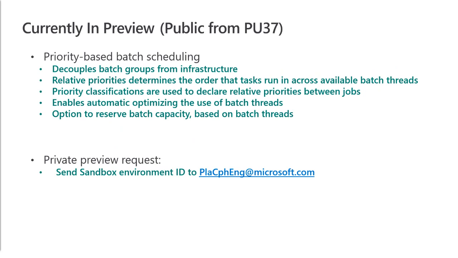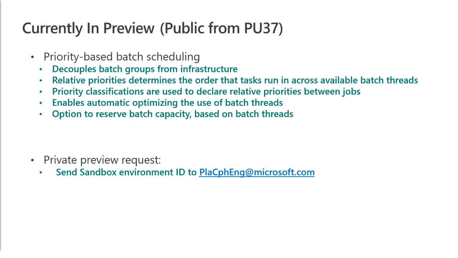So what is this feature all about? This is part of the decoupling of the batch groups from the infrastructure, meaning that the batch group will not be coupled any longer to batch servers. The same with batch jobs, they will not be coupled directly to batch servers. Instead, it's using a relative priority to determine the order in which tasks run, and it's using the available batch threads at any given time.